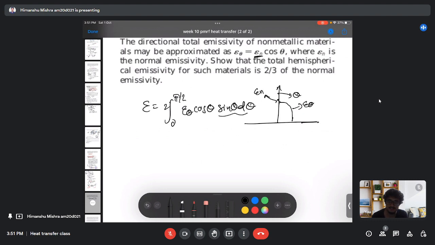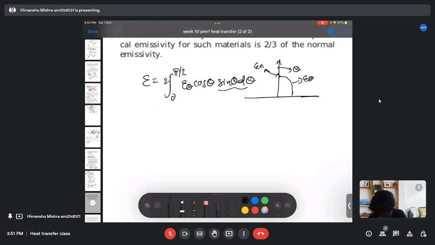So this is my solid angle actually. My directional emissivity is E theta. In the earlier question I said that my power is proportional to some intensity, cos theta sin theta.